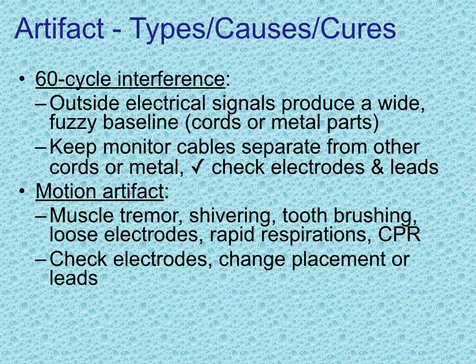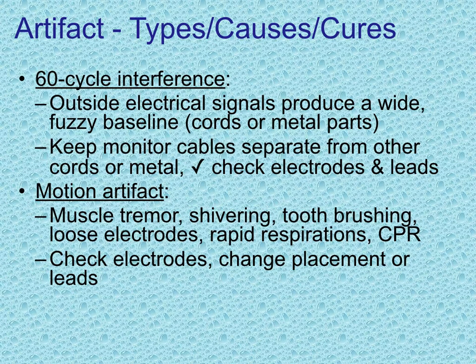There are some types and causes and cures of different artifacts. So one is called 60 cycle interference. This would be some outside electrical signal producing some fuzzy baseline. A lot of times this could be cords or metal parts that are leaning on the patient or coming into contact with your wires that creates this sort of vibratory mechanism that's picked up by the electrodes passing the signal onto the machine.